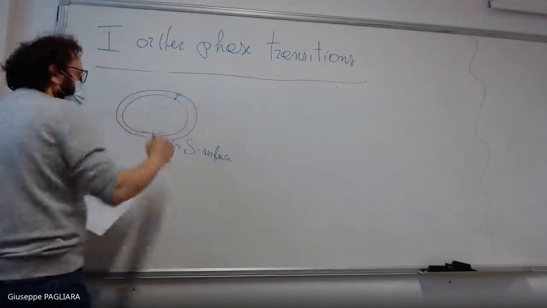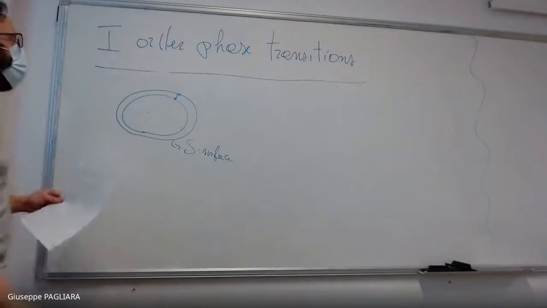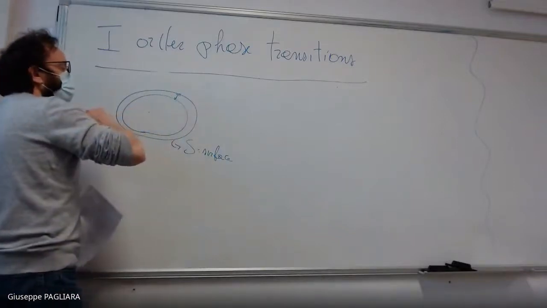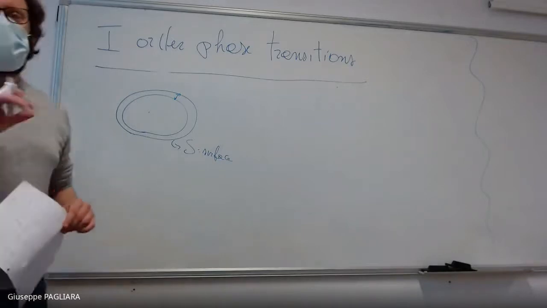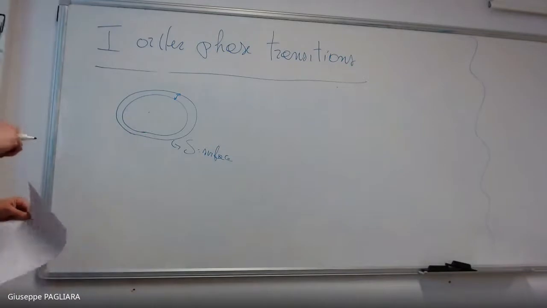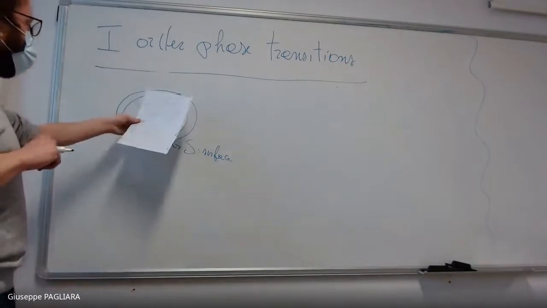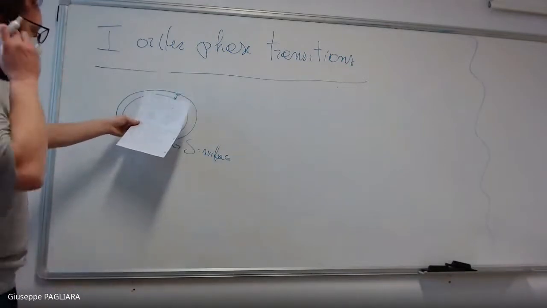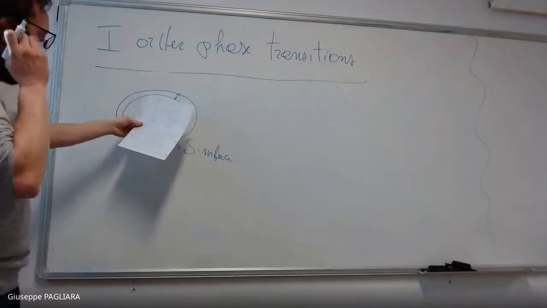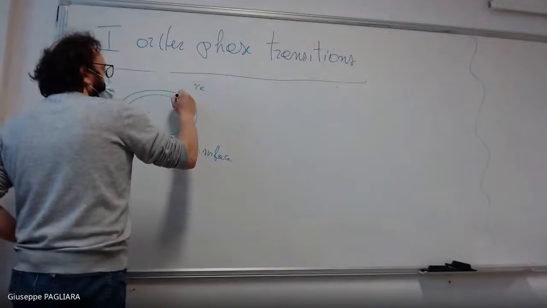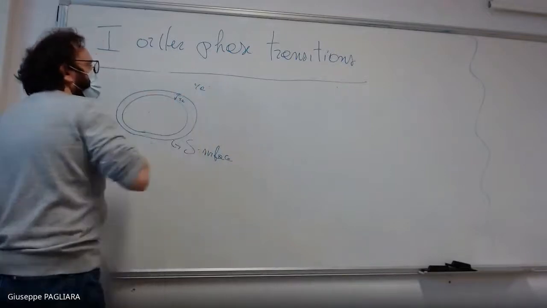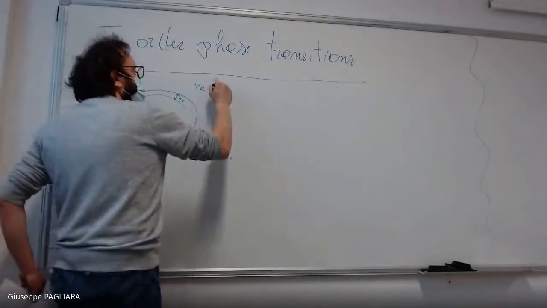And we have a layer having the size of the typical distance of the interaction, okay? So let's call it RA. So this is RA.